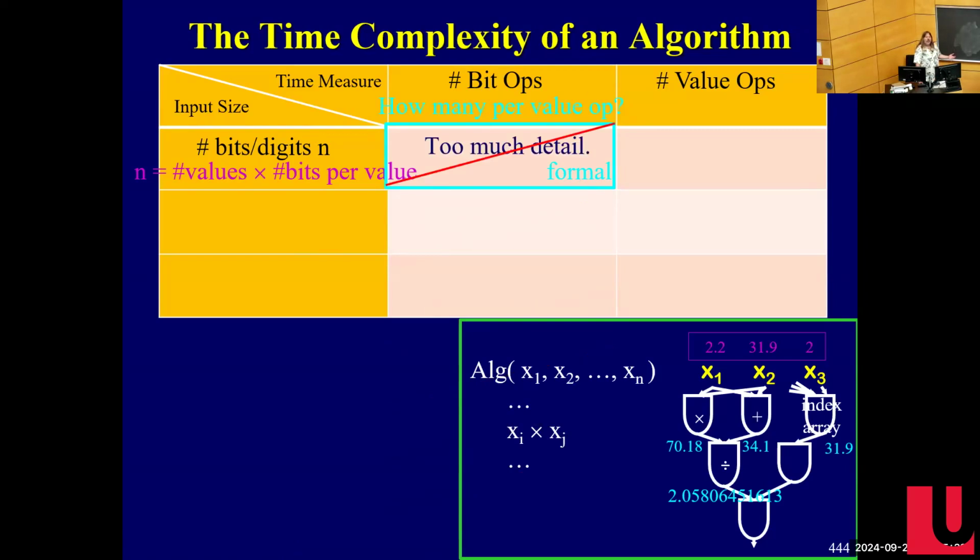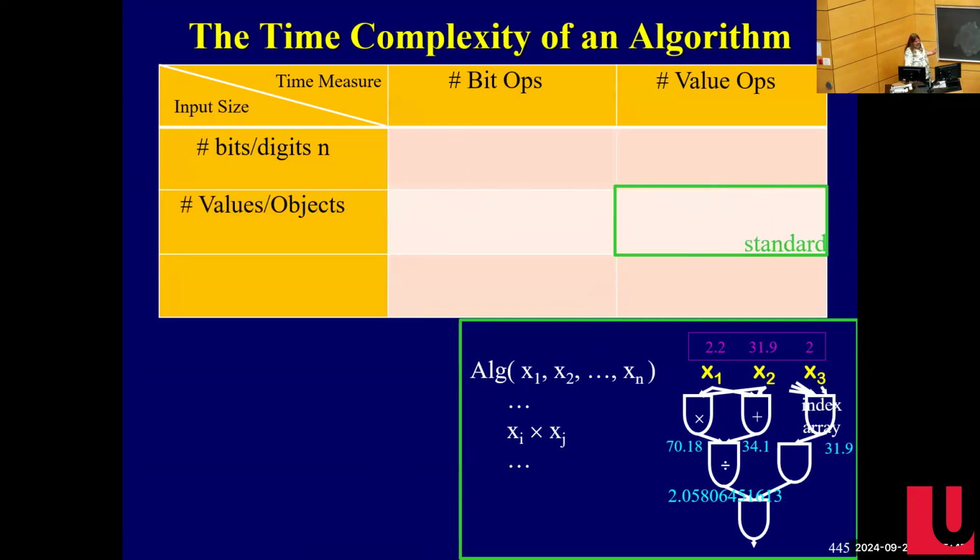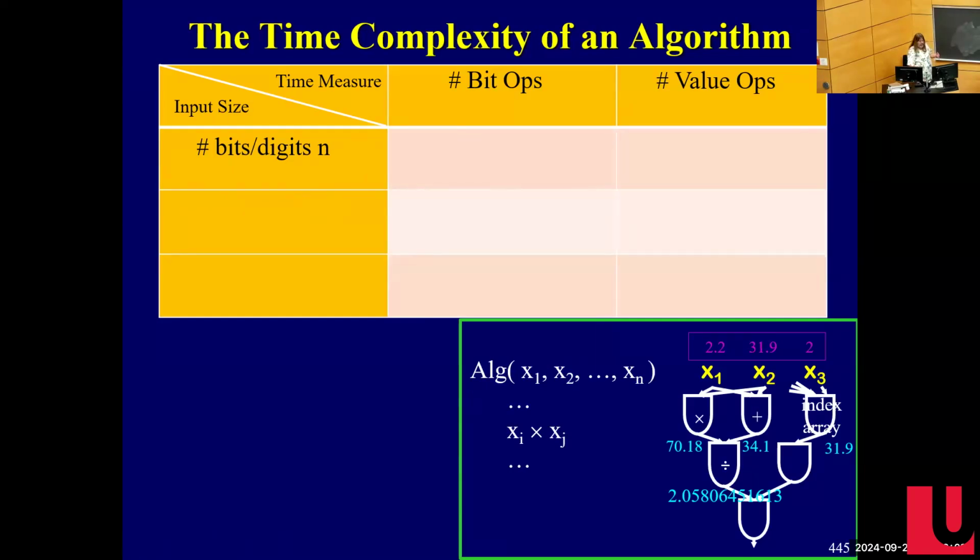And we tend to be lazy, right? So instead, we move down to this model for this case. That's what we did when we talked about the running time of sorting being n squared or n log n. We were down in this model. Everybody see that?